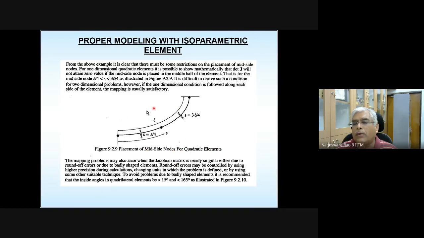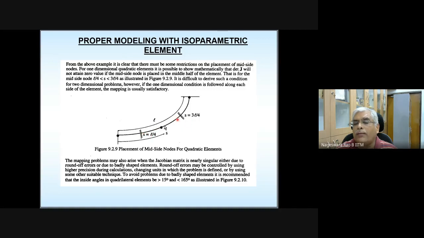Suppose this is one of the sides, a part of a quadratic element. That's why this is shown as a curved line. This is one corner node, this is another corner node, and this is the mid node. The length of this side is L. This middle node should lie between this point and this point.